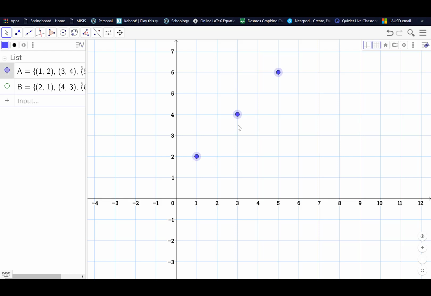So here's my function. It's just a list of 3 points: (1, 2), (3, 4), and (5, 6). And so the inverse would be swapping the x and the y values: (2, 1), (4, 3), and (6, 5).